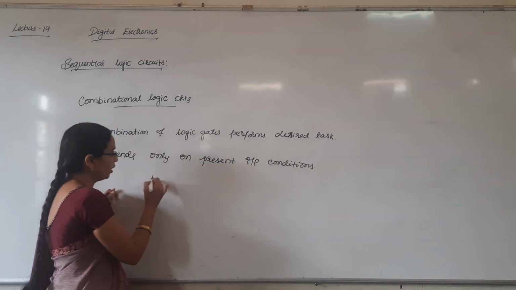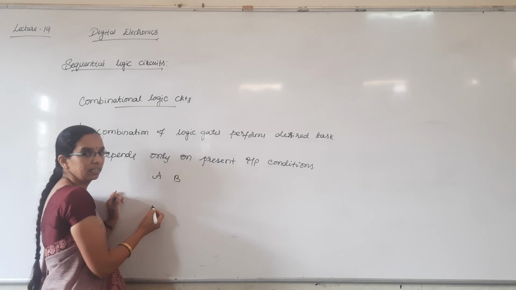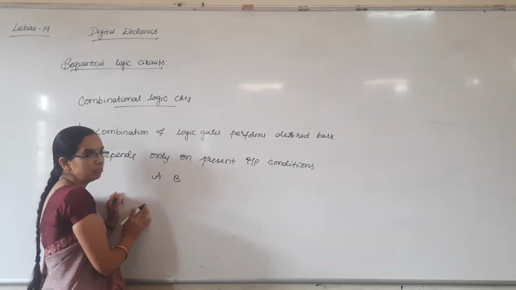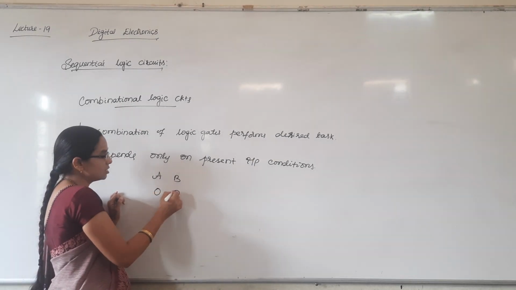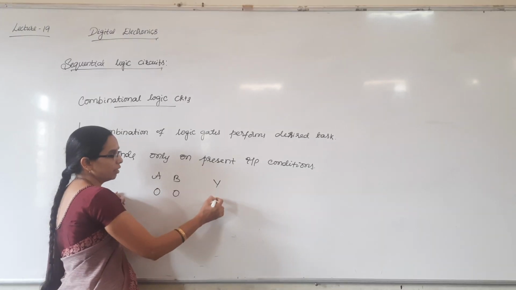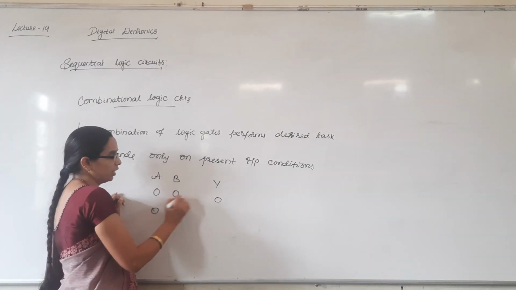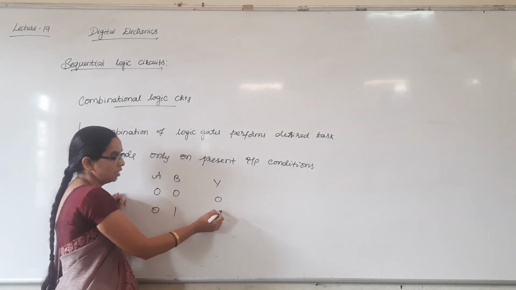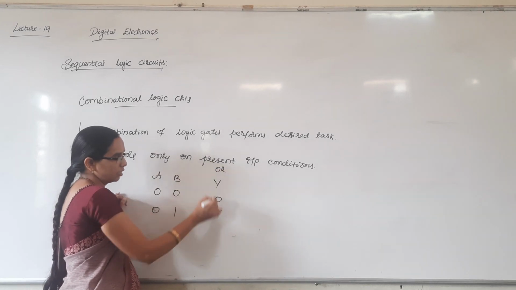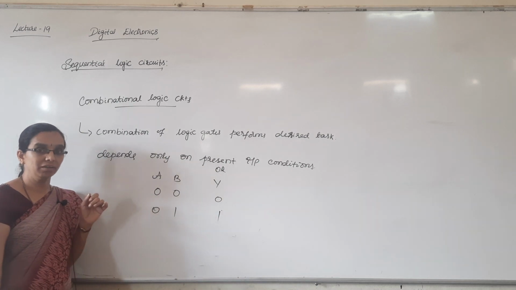That means if I have A and B, I have some logic circuit. If A is 0 and B is 0, we will get Y as 0. If A is 1 and B is 0, then again the output changes. I will take this as an OR gate truth table, the output will be 1.